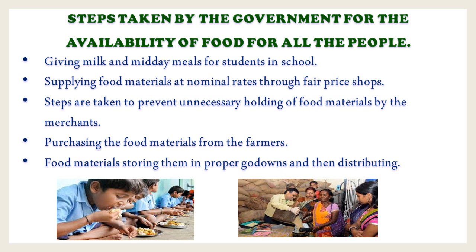The first image is giving milk and midday meals for the students in the school. The second image is supplying food materials at nominal rate, that means actual price, through fair price shops. Understood, children? These are the steps taken by the government for the availability of food for all the people.